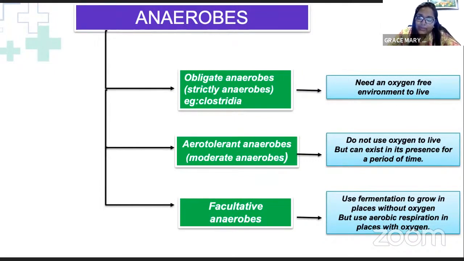That means even if there is oxygen, they can live, and even without oxygen, they can live. How do they do that? Using fermentation. In an oxygenic environment, they will thrive, but even without oxygen, they can thrive. These are called the facultative anaerobes.